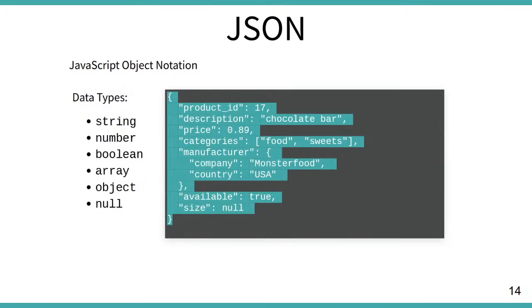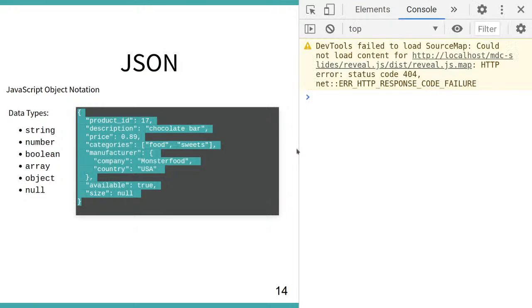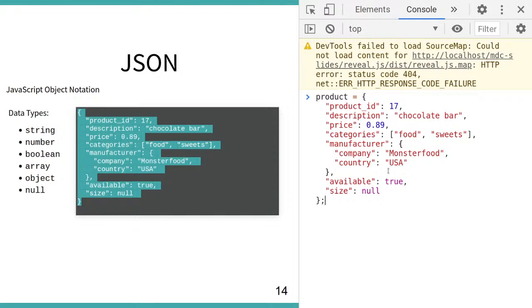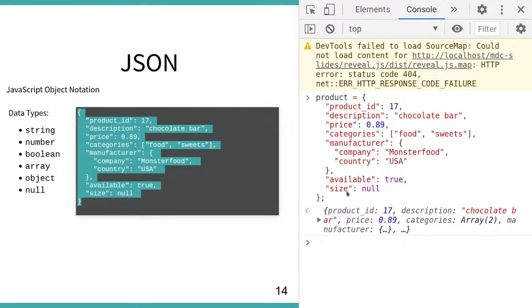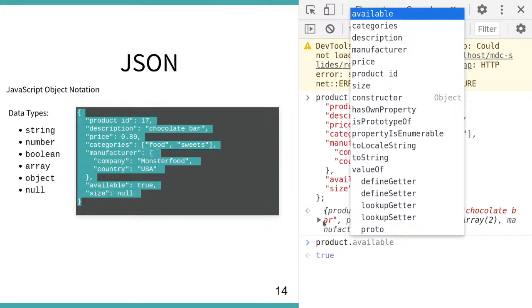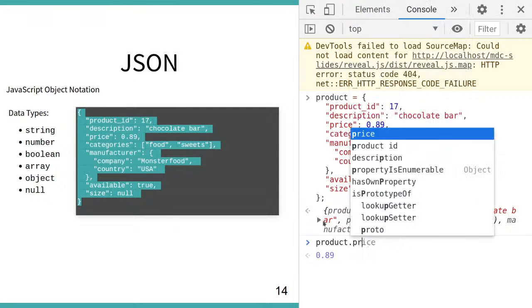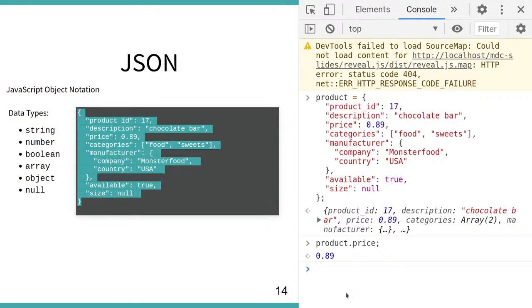A nice thing is when you have such an object in JavaScript, so you can simply say product equals, and then I copy pasted it here, then it's a JavaScript native object. So I can now say product dot price, and it shows me the price.